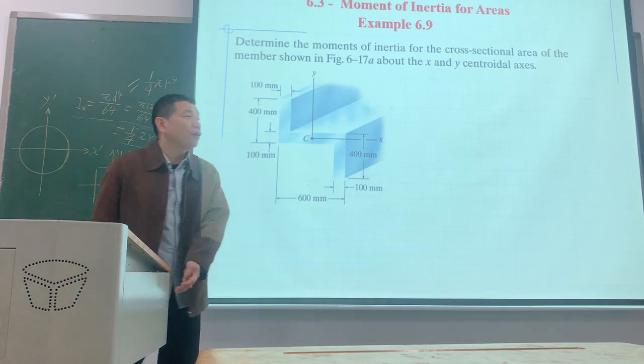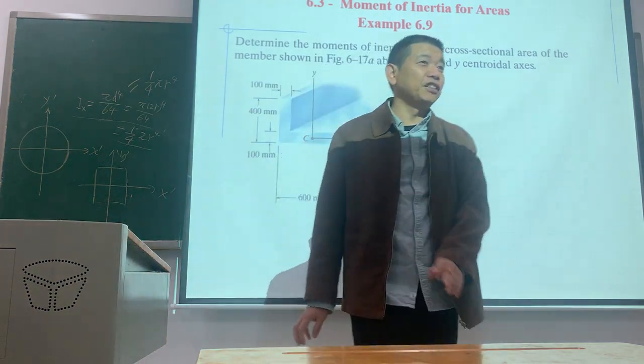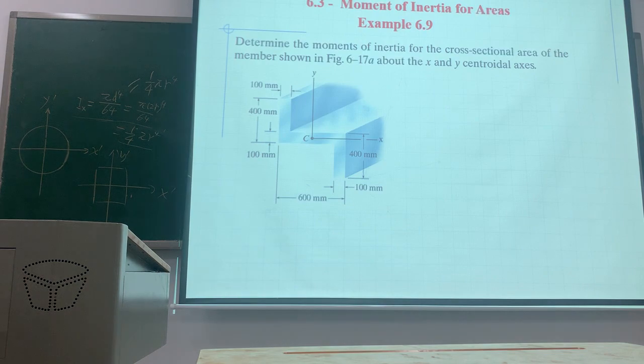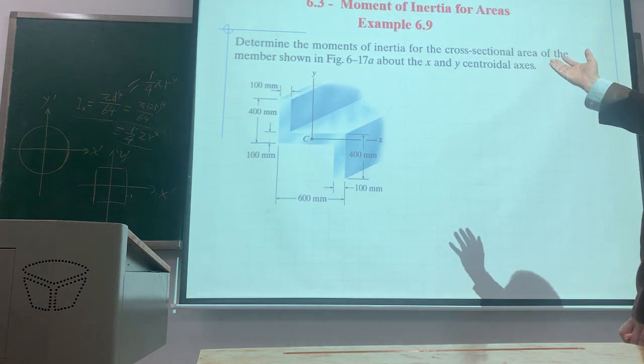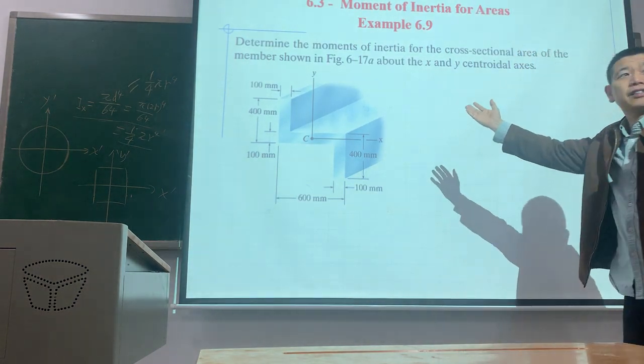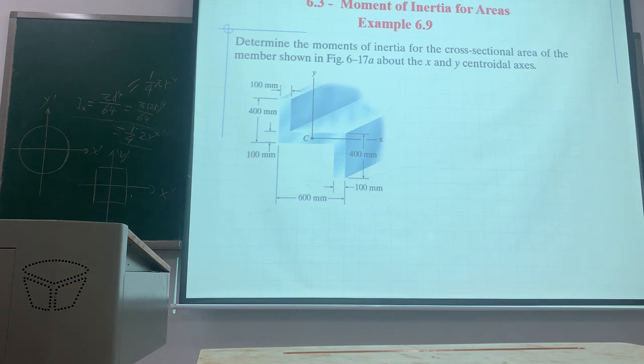Here is an example. Look at the problem. Determine the moment of inertia of the cross-sectional area of the member shown in the figure about the x and y central axes.